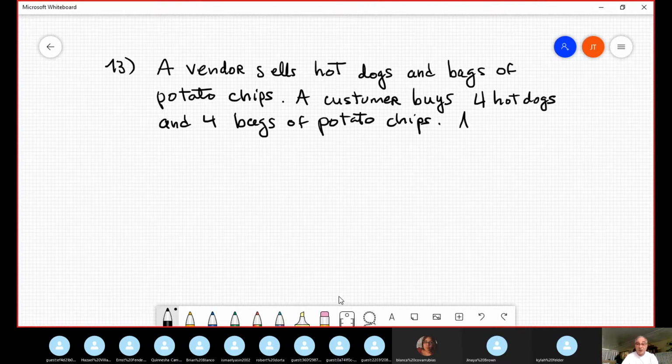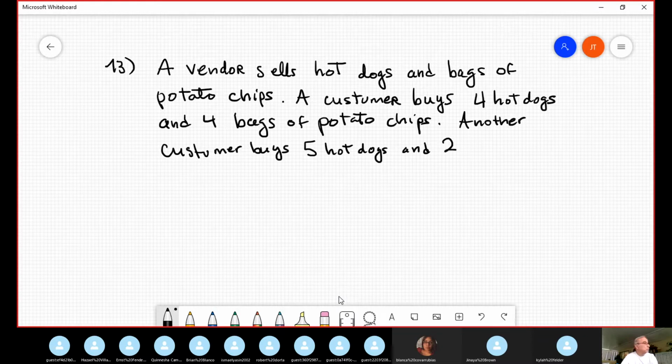Period. Another customer, another guy, buys different, because there's another guy, no? 5 hot dogs and 2 bags of potato chips.